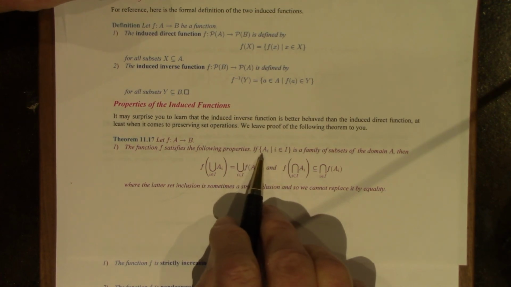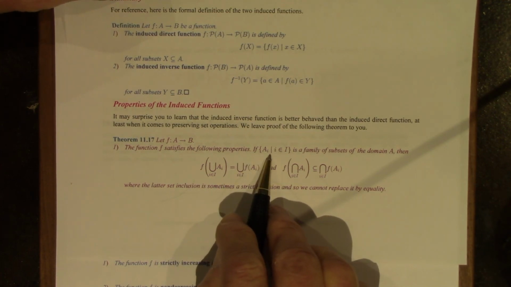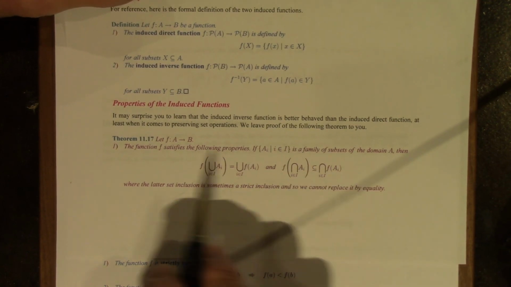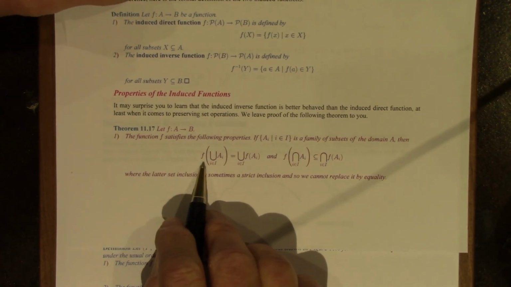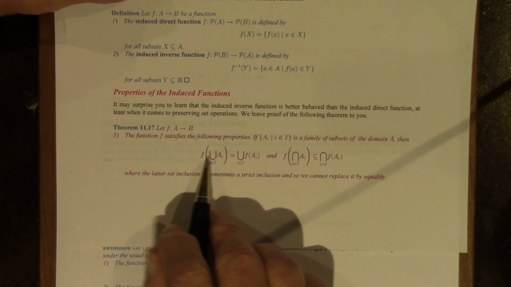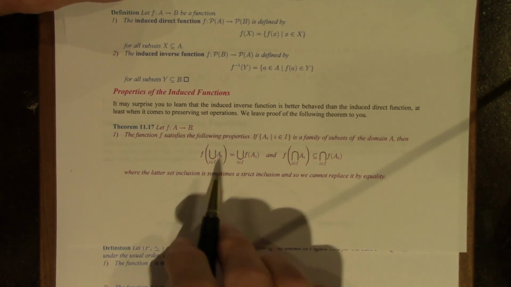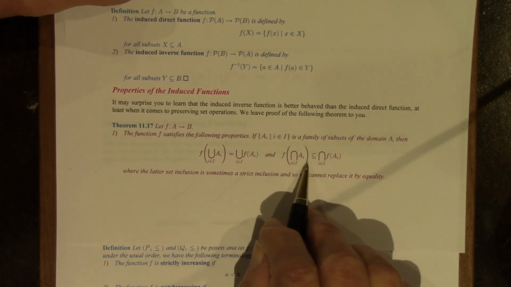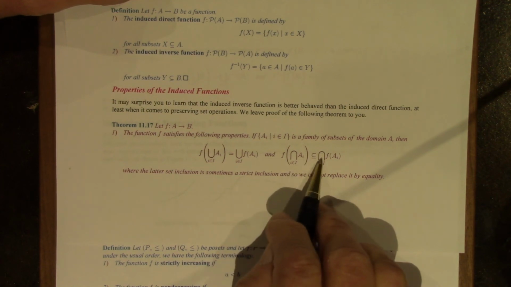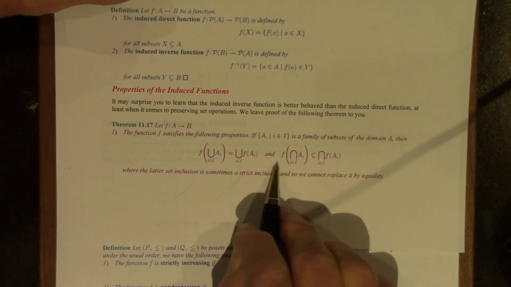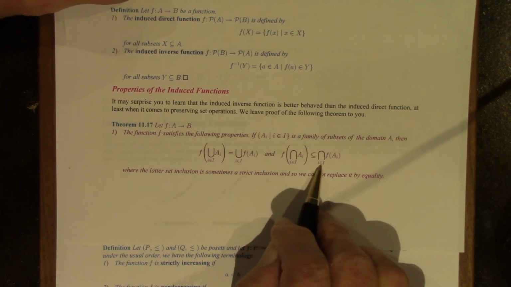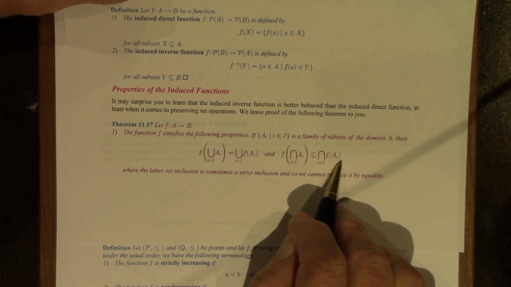if we have a family of subsets in the domain, and we apply the induced direct function, f, to the union, that is the union of f of the individual subsets. But the intersection, f does not preserve the intersection. F of the intersection of the family is contained in the intersection of f of a.